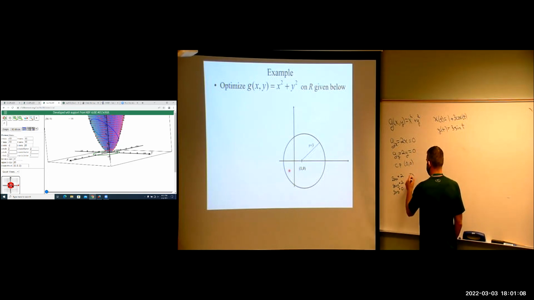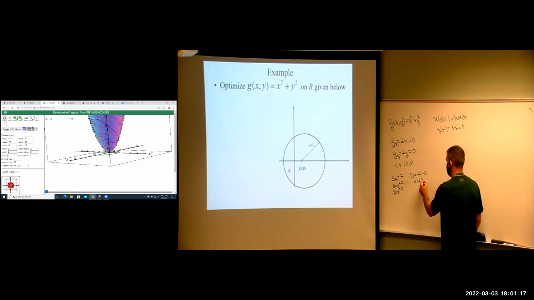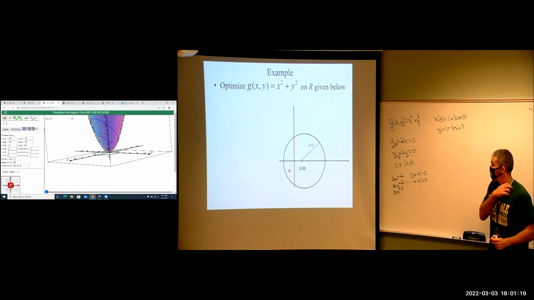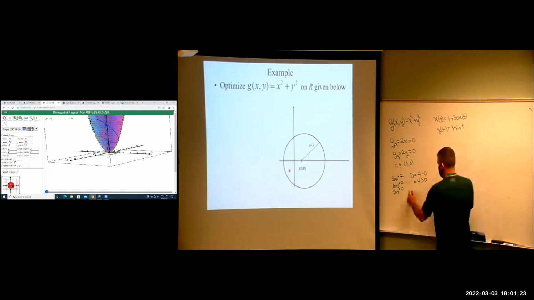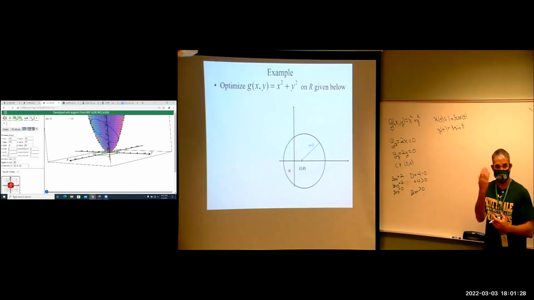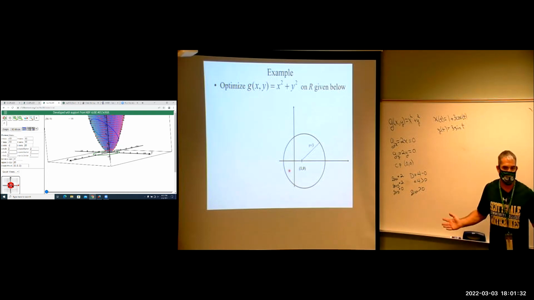So our discriminant is 4 minus 0, or 4. So we get a positive discriminant, and our g sub xx is positive, which means concave up, means we have a min. We saw that in the graph.